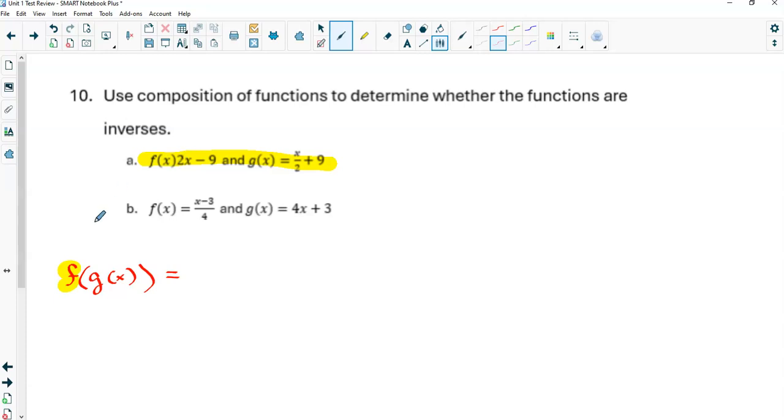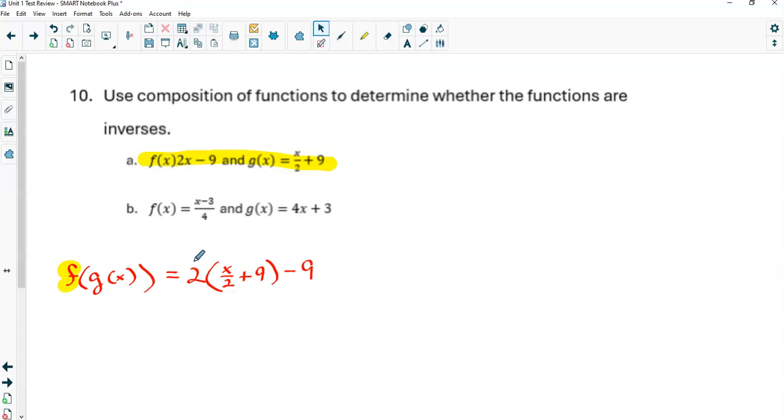Notice that f of x is 2x minus 9. So I'm going to put 2 parentheses because that x is going to be substituted for g of x, minus 9. And for x, notice the 2x minus 9, 2 blank minus 9, I'm going to put x divided by 2 plus 9. So x divided by 2 plus 9. I'm going to solve this and see if f of g of x is x.